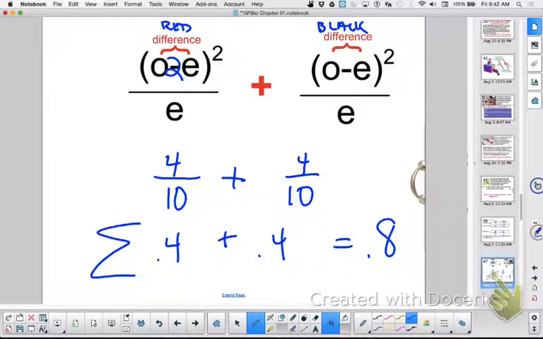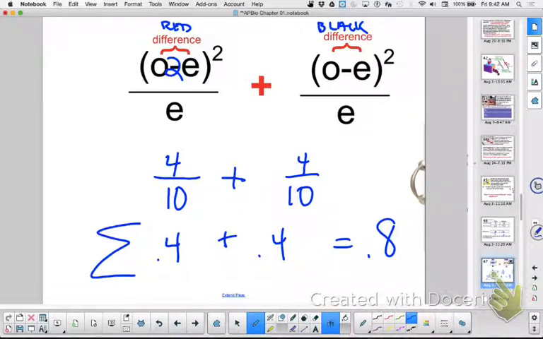Squared it, and then put it over what you expected. And then of the next piece of data that you had, deviation, squared it, put it over what you expected. And if you had more options, 3 or 4 options, you would continue to do that. Then you just add them all together and you get a value. That is your chi-square value.